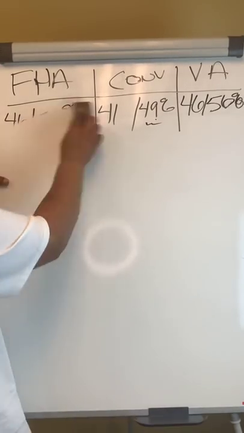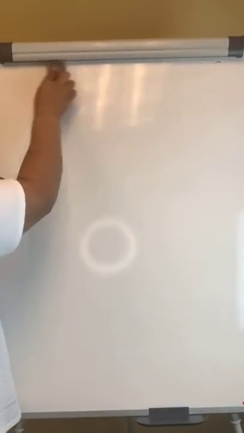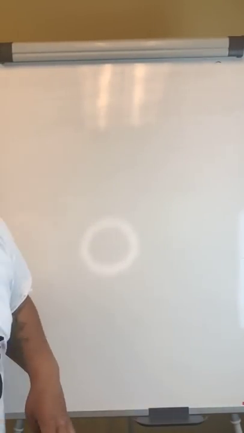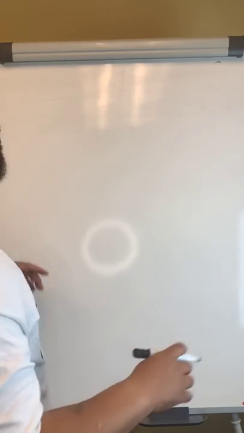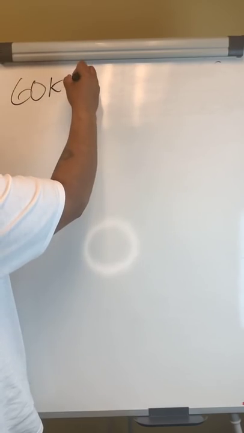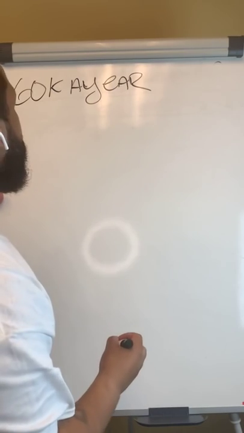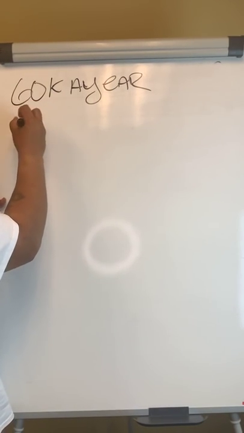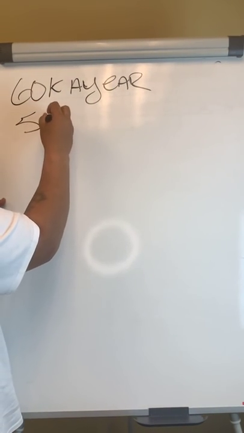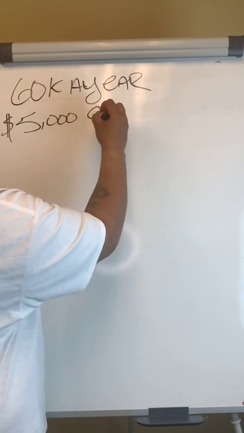So now let me show you how to really just simply calculate your DTI. Real quick, real easy, not too complicated. So like I said, if you're making 60K a year, okay, it's basically $5,000 a month. 5K, and that's gross.